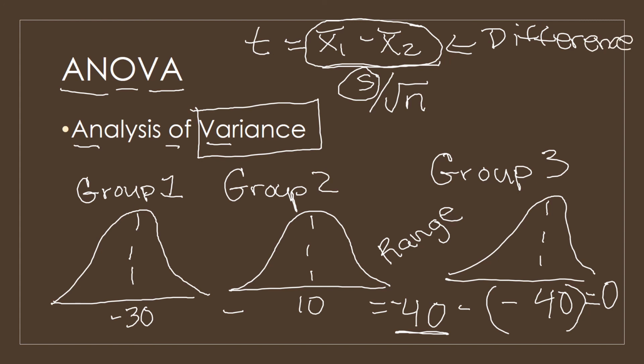We need a new method, and what we're going to do is use variance, because we're going to square the deviations from this grand mean that we'll get. And that allows us to really measure the variability instead of just doing differences and using a range.